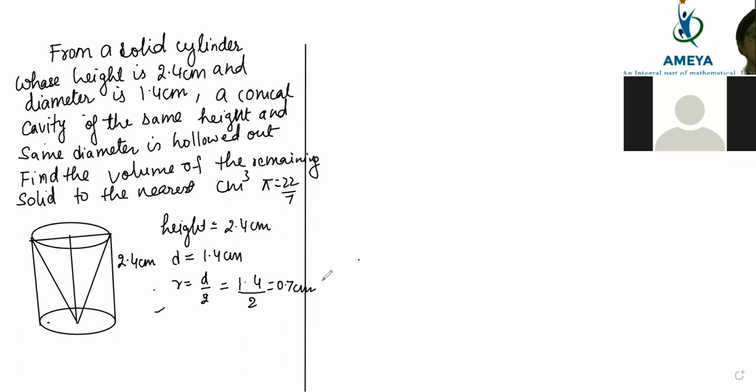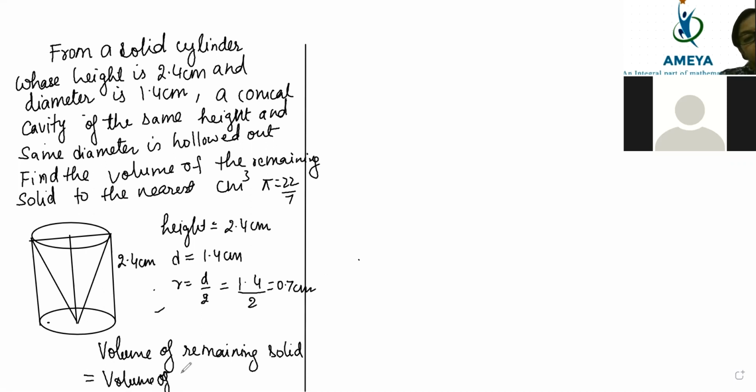So here the volume of the remaining portion of solid is equal to volume of cylinder minus volume of cone.